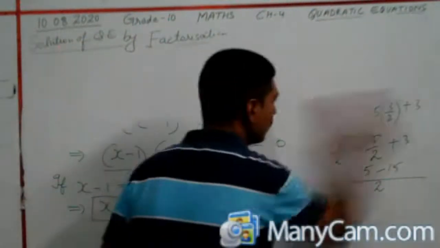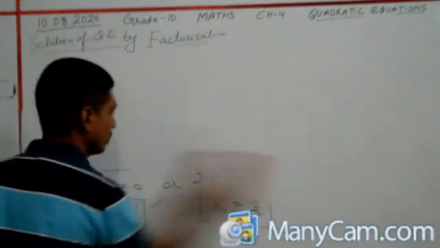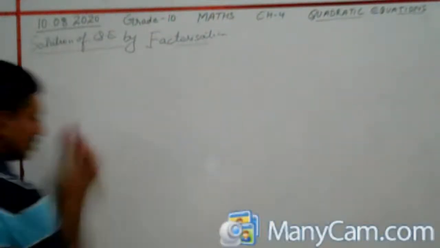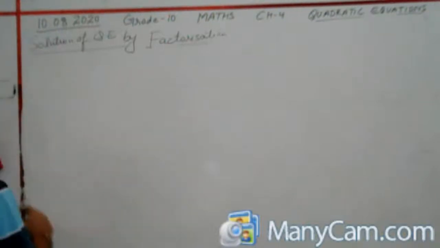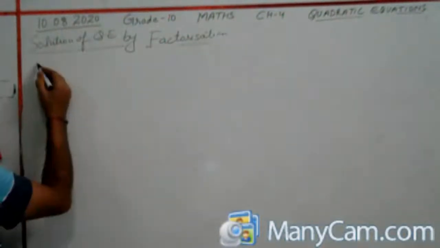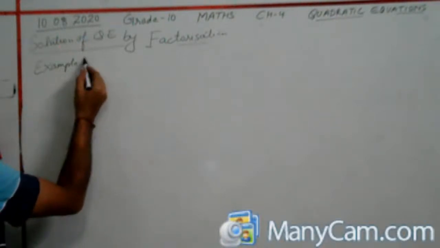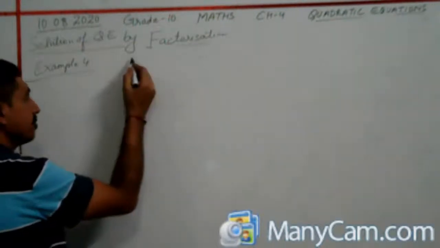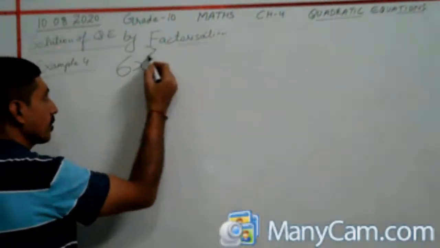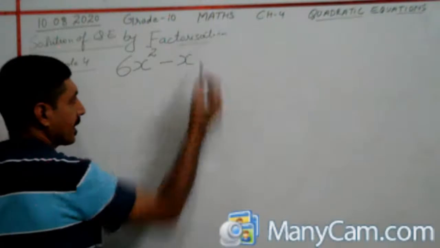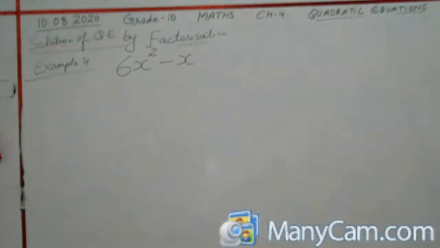Example number 4 is 6x square minus x minus 2 is equal to 0.